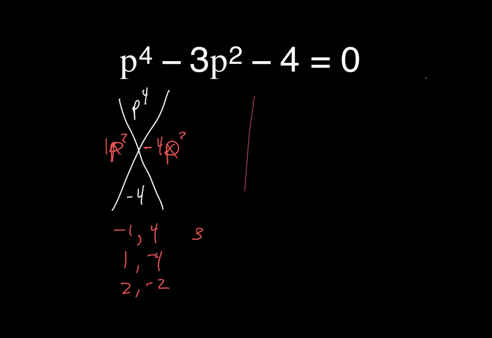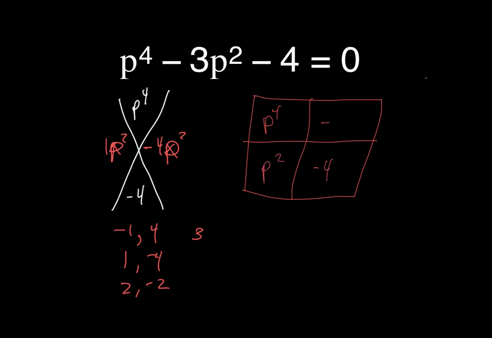Set up my box. Inside I have p to the 4th. Down here I have negative 4. I have p squared and negative 4p squared. So what two things multiply to p to the 4th? p squared and p squared. Yeah.